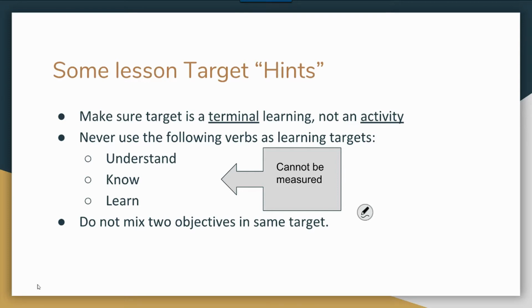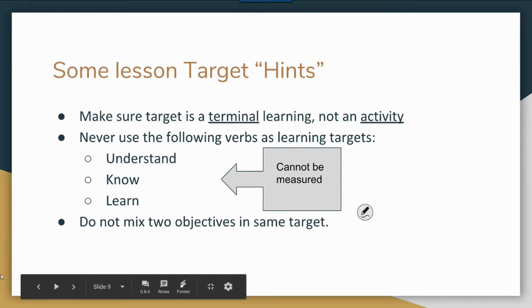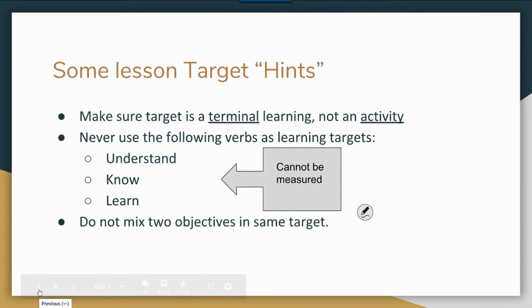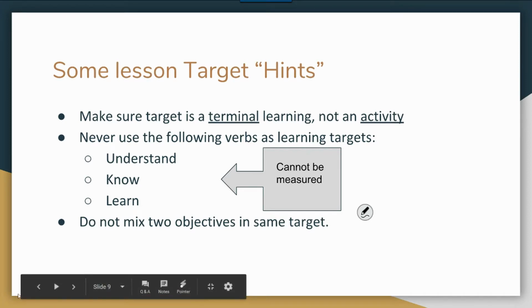The first thing you need to do is make sure that your target is terminal learning and not just an activity. This is Bloom's taxonomy done two ways on each side of the sheet of paper.